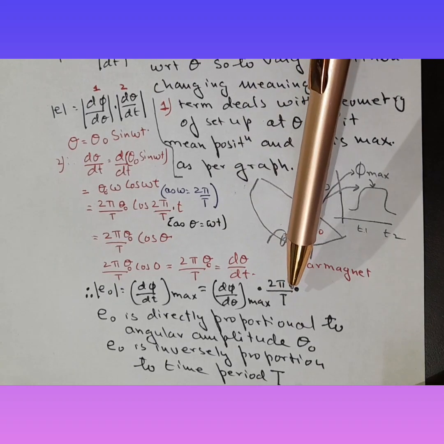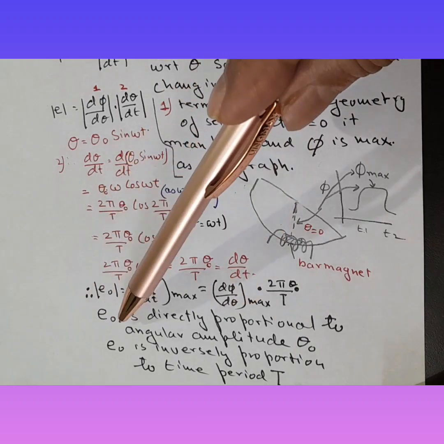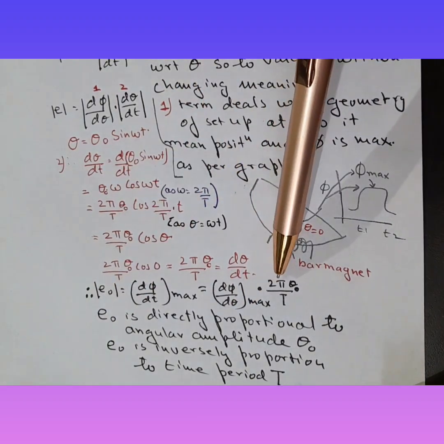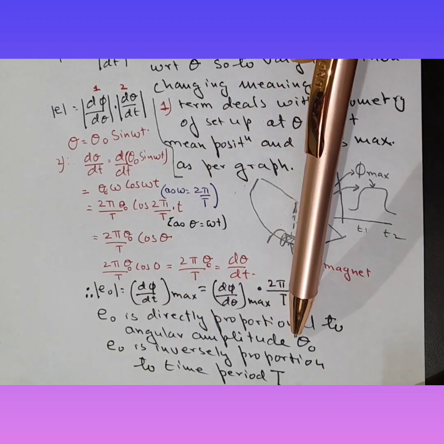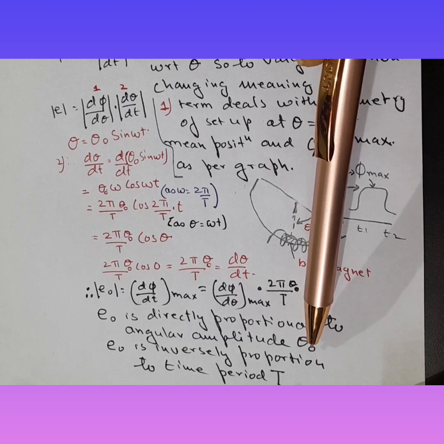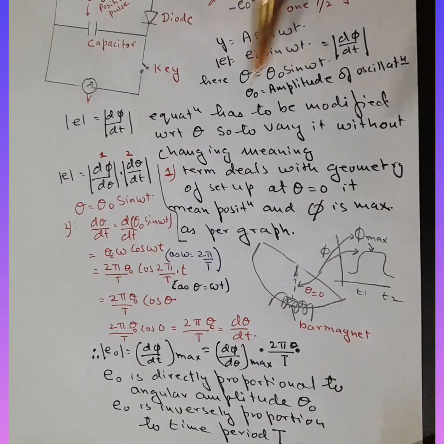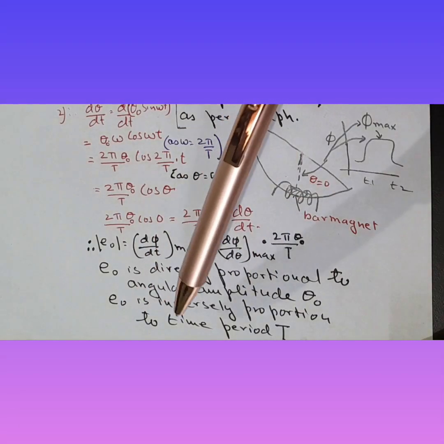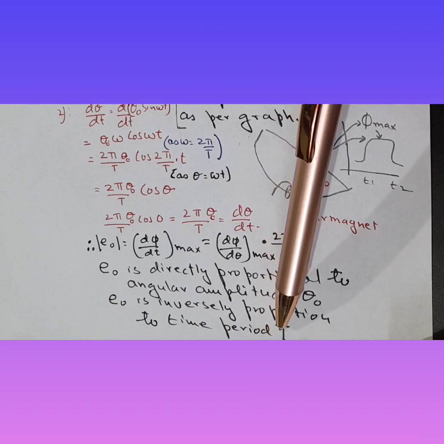Alright, okay, so this is the formula. So from this what do we derive? We derive that EMF is directly proportional to angular amplitude, that is theta 0, and E0 is inversely proportional to time period. What do you mean by inversely proportional?